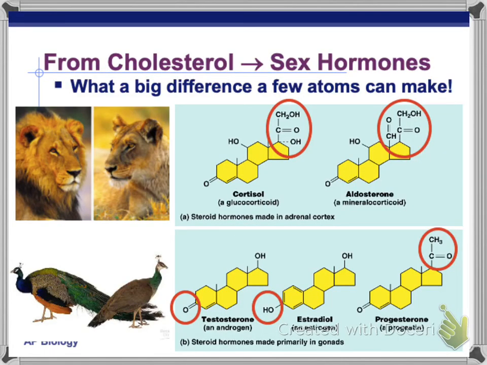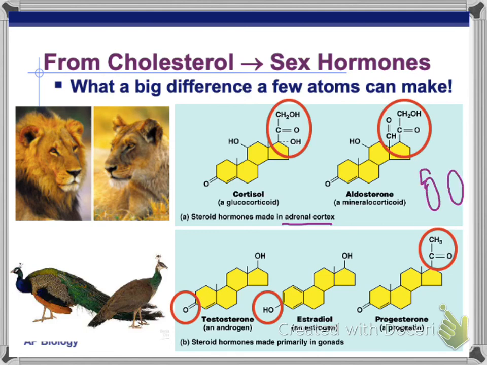Now, let's just look quick at sex hormones. We will talk more about these later as well. But here you can see that we have these hormones right here that are made in our adrenal cortex. So you have two kidneys located along your back wall.